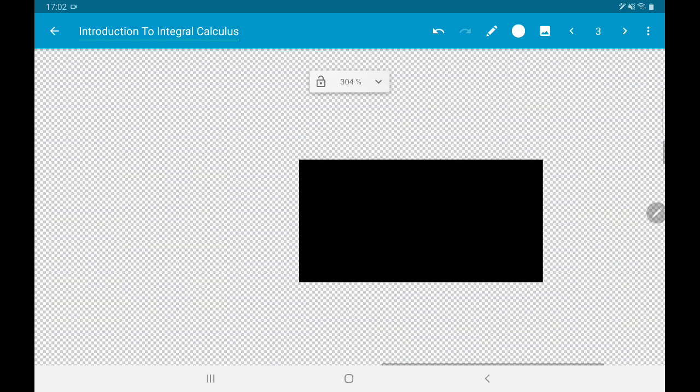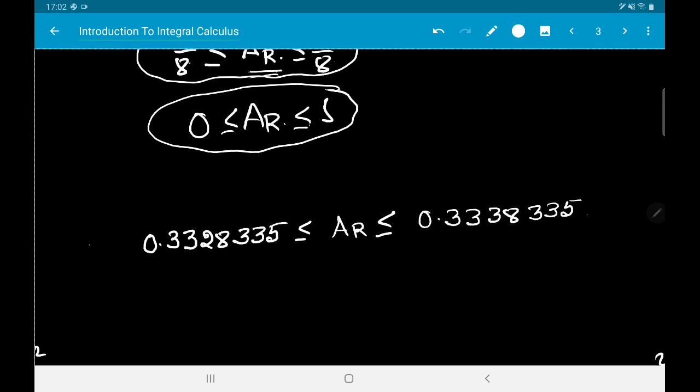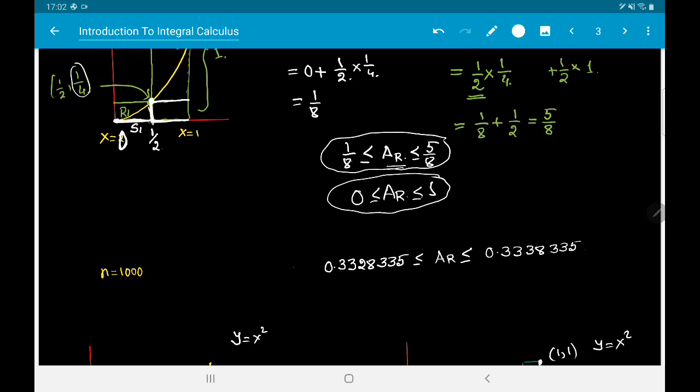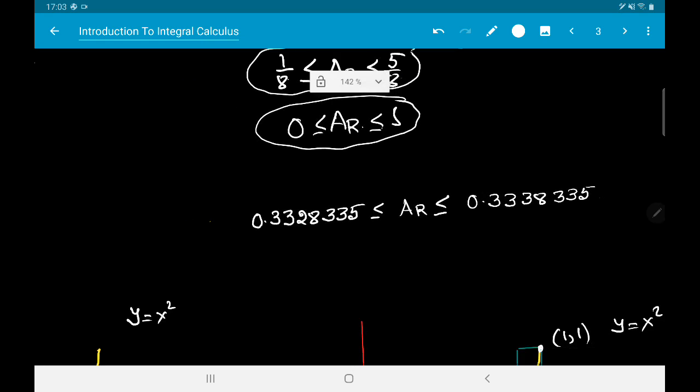In fact, what I am not willing to show you by calculation, but I have just written it down: if I use a partition where I have divided the base of the region into 1000 equal parts, then a computer will show you that the area of R is bounded below by 0.3328335, and the area of R is bounded above by 0.3338335.